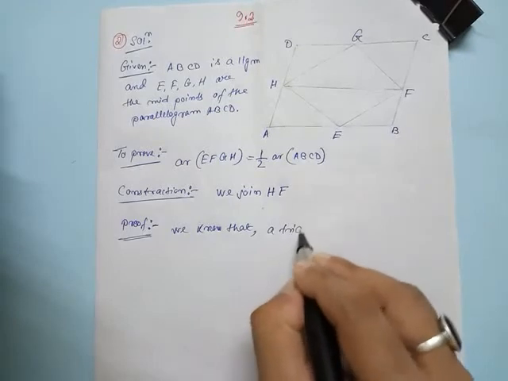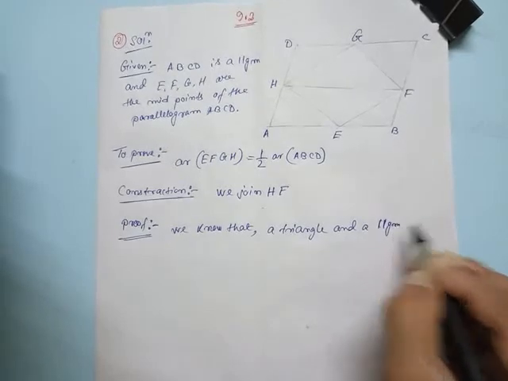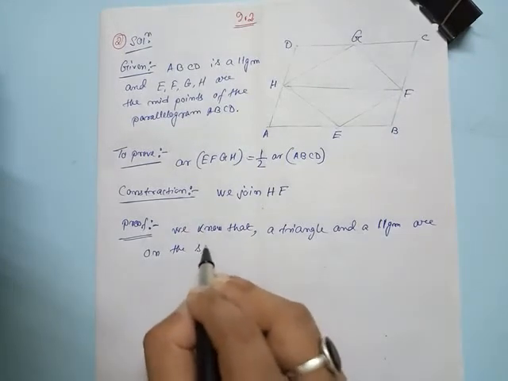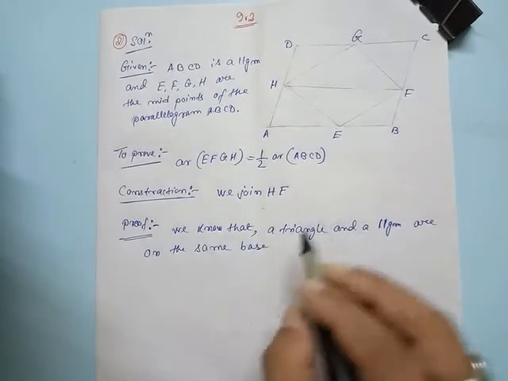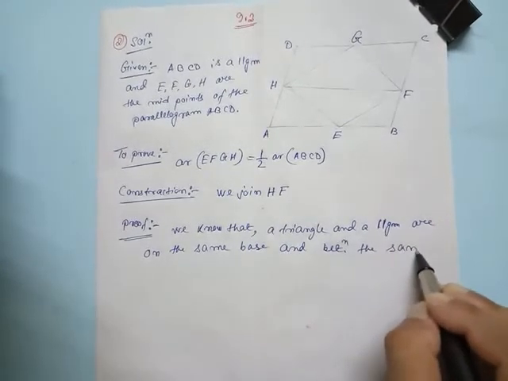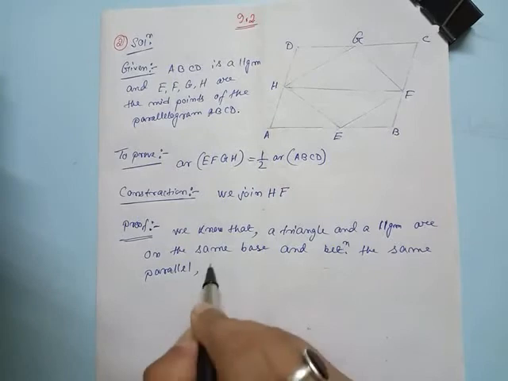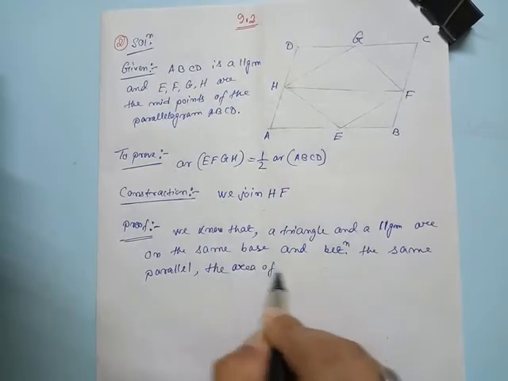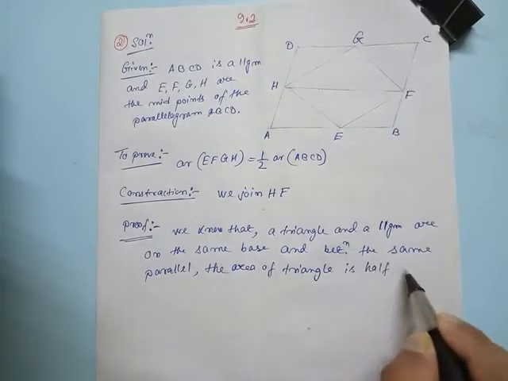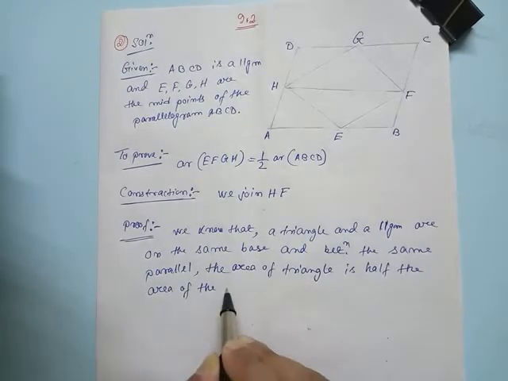a triangle and a parallelogram, parallelogram means parallelogram, are on the same base and between the same parallels, then the area of the triangle is half the area of the parallelogram.